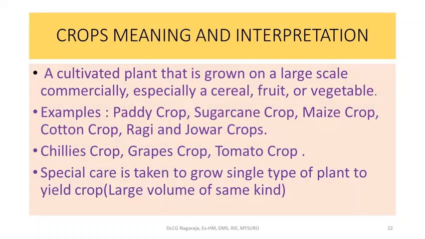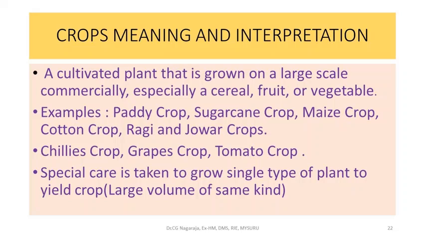A cultivated plant that is grown on a large scale commercially, especially a cereal, a fruit, a vegetable, they are all cultivated plants. Examples are paddy, sugarcane, maize, cotton, ragi and jowar. Ragi and jowar are mostly grown in the dry or rain-fed agricultural lands.